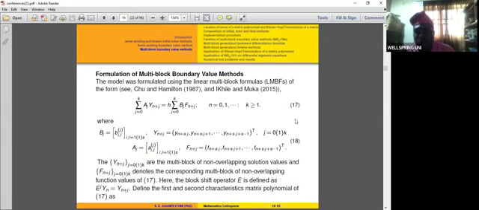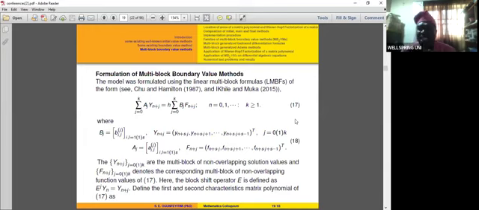In this work, we are working with non-overlapping solution values. We observe that when we try to find methods with overlapping solution values, the stability plots cut each other, and it will be difficult when you are dealing with stiff problems.